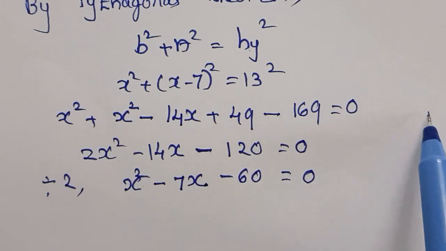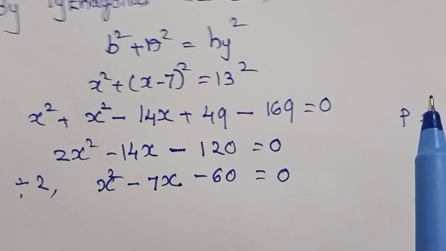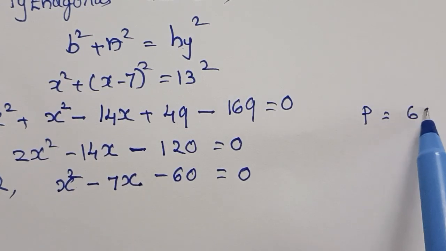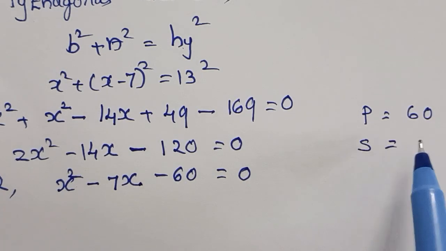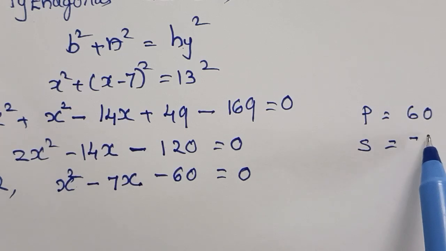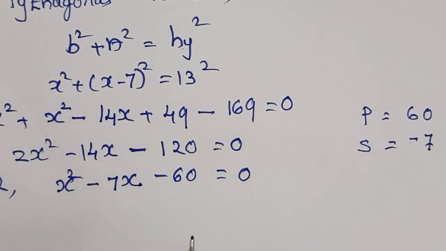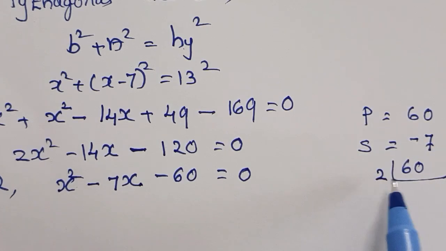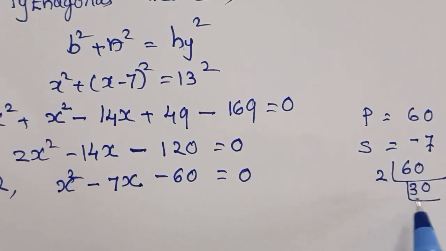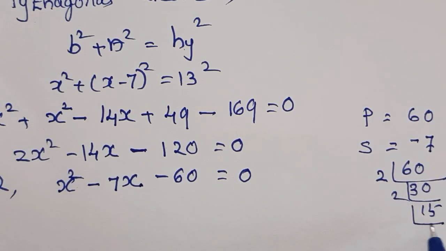So the product of the two numbers should be equal to 60, and when you subtract you have to get minus 7. Now factorizing 60, by 2 it is 30, by 2 it is 15, 3, 5. We can take the higher numbers, that is we can take 12.